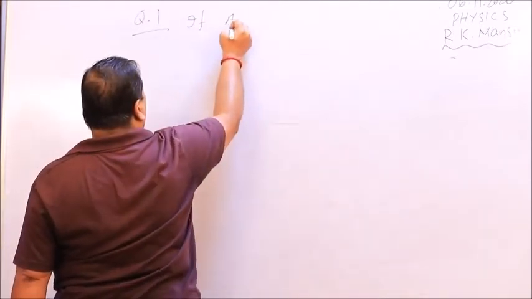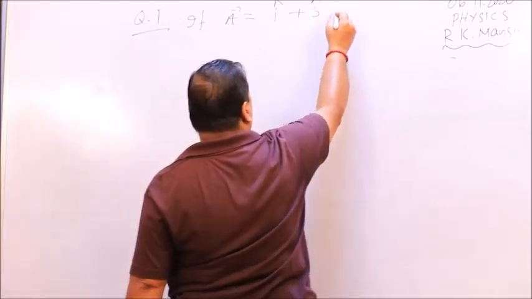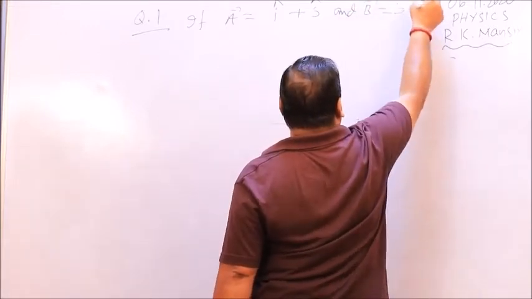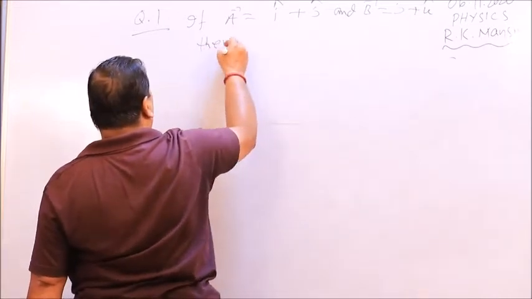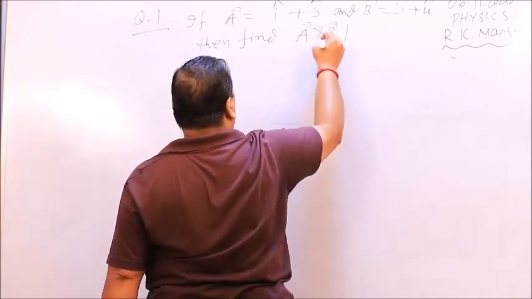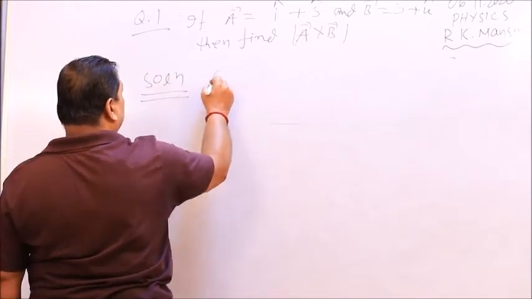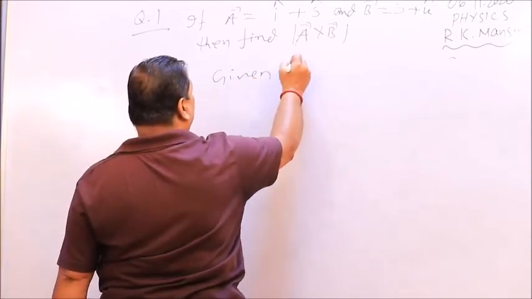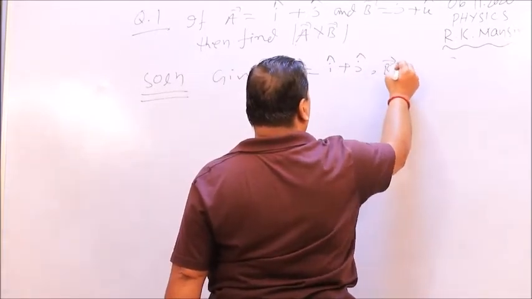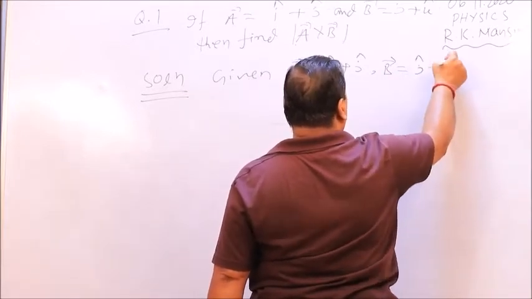If vector A equals i cap plus j cap and vector B equals j cap plus k cap, then find the modulus of A cross B. Solution: given vector A equals i cap plus j cap, vector B equals j cap plus k cap.